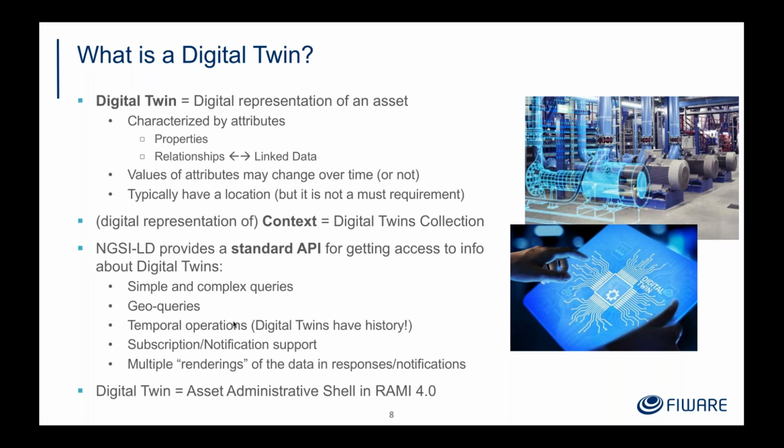And this is what actually helps us to exploit information following a linked data approach. And those digital twin entities typically have a location and a set of these attributes, which may change over time quite dynamically in some cases. And context is overall the representation of a collection of digital twins.